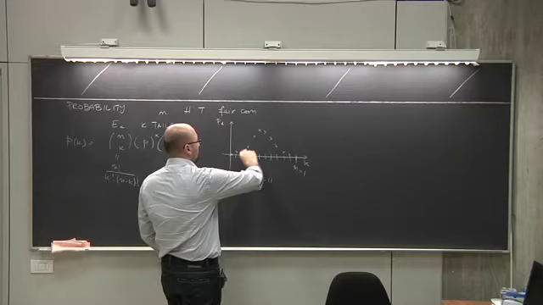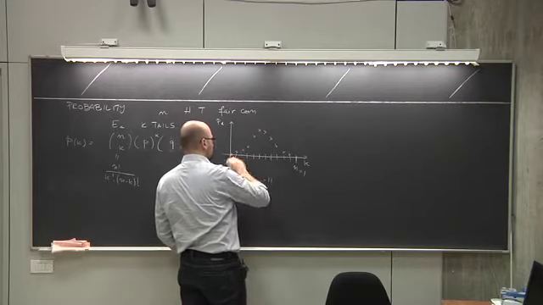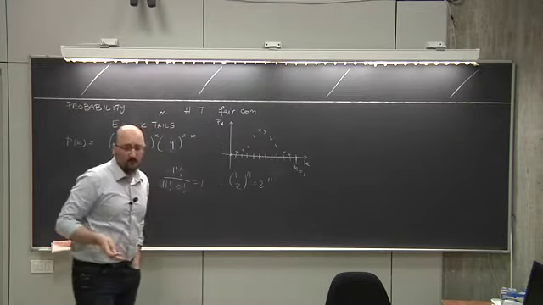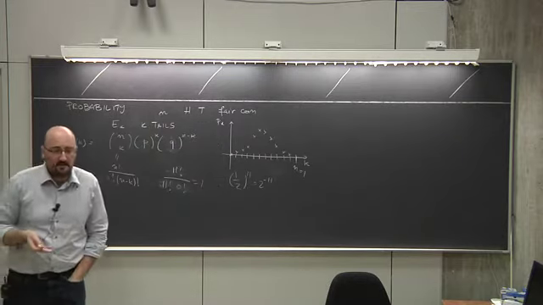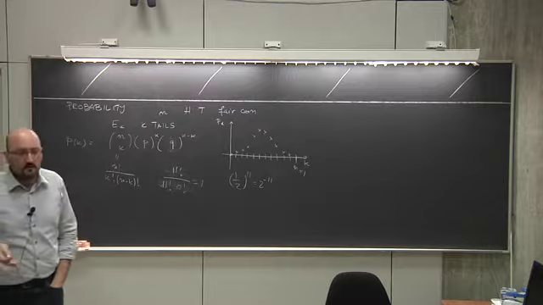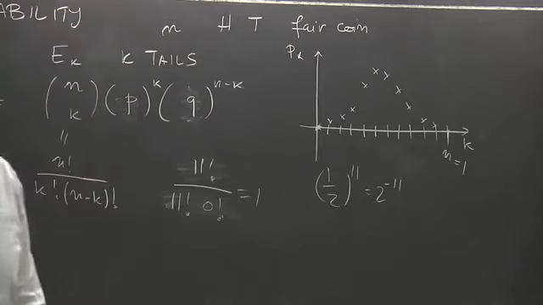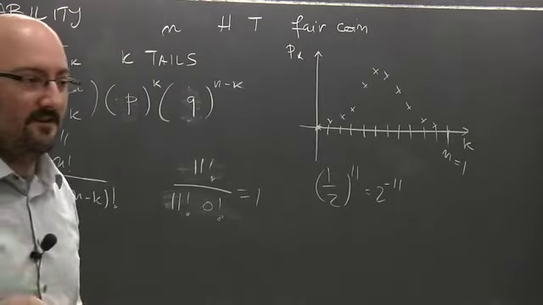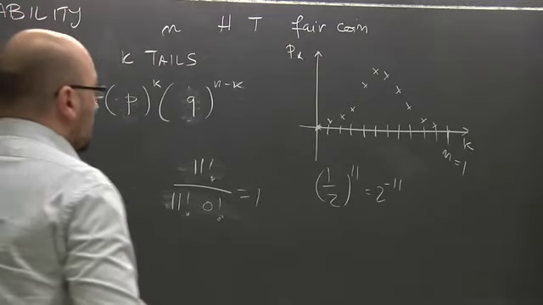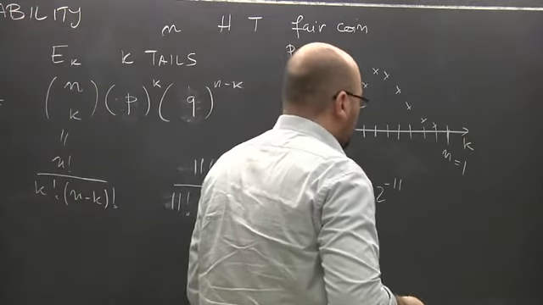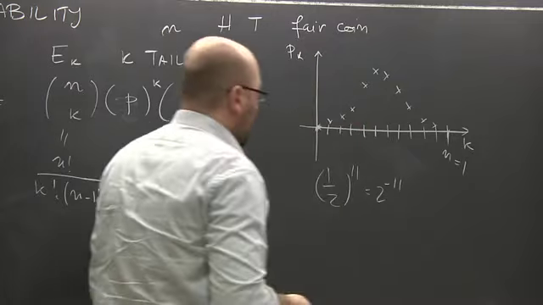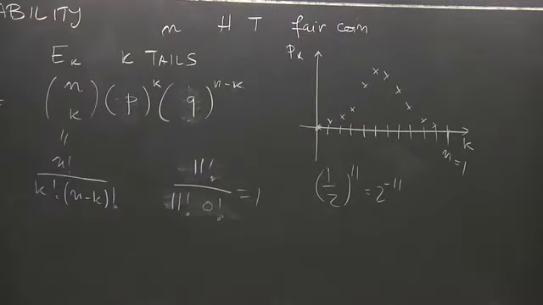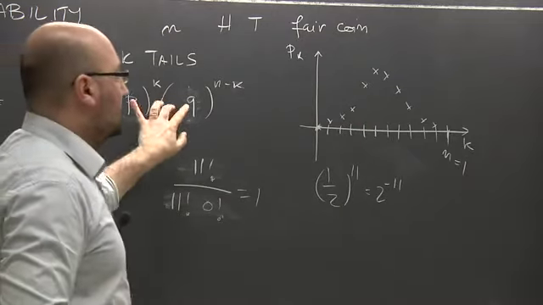Okay, so we have a distribution in this sense. It's a discrete distribution because the set of events is discrete. You cannot have 1.5 tails out of 3. Moreover, depending on p and q, you can have some symmetry.